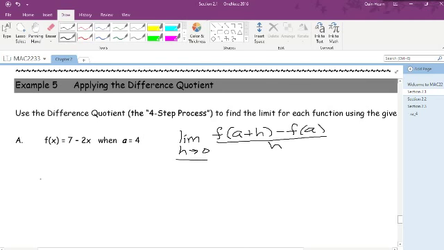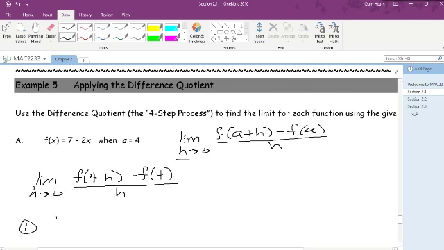We're going to first rewrite this expression with the 4 instead of the a. So what we're actually finding is the limit as h goes to 0 of (f of 4 plus h minus f of 4) all divided by h. Okay, now the first step in this process is going to be to figure out what f of 4 plus h is.